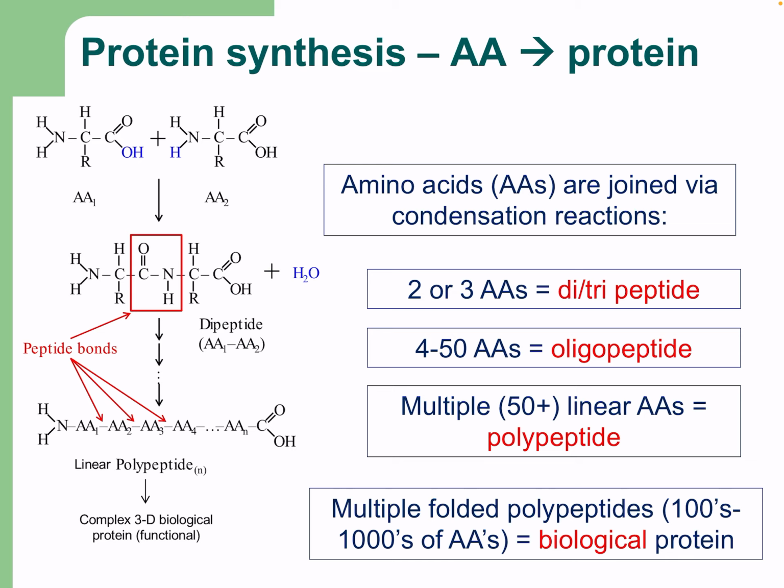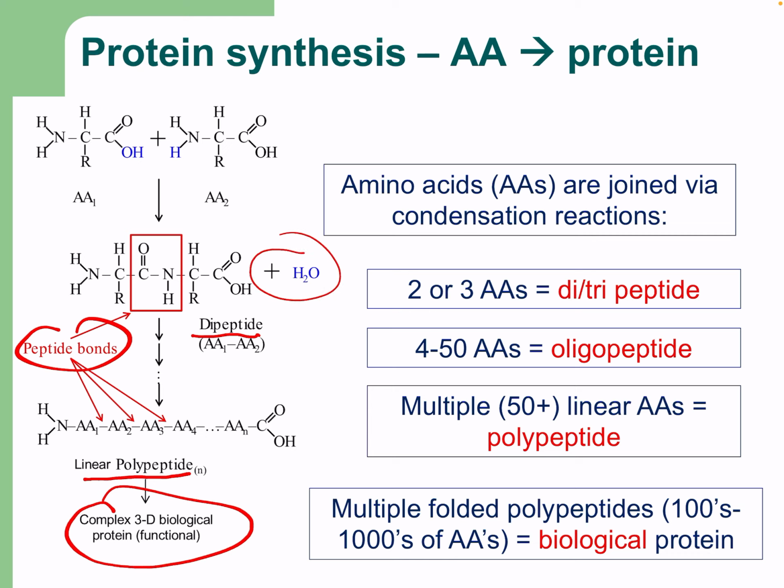So as we talked about, single amino acids form peptide bonds, becoming dipeptides, and so on. And then these build up to our linear polypeptides, which then form our complex 3D biological proteins through folding and different chemical reactions. So again, amino acids are joined by that condensation reaction where water is removed, joining the two amino acids.